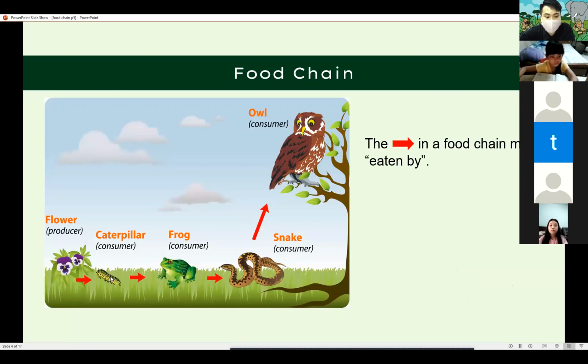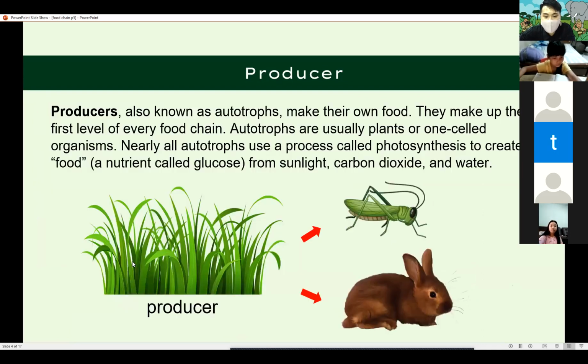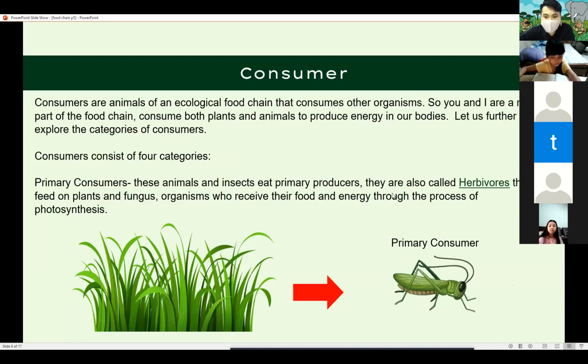Primary means 1, the first. First animal that eats grass or the producer. So they feed on plants and fungus, who receive their food and energy through the process of photosynthesis.